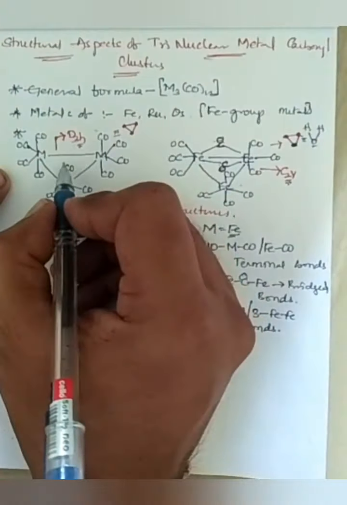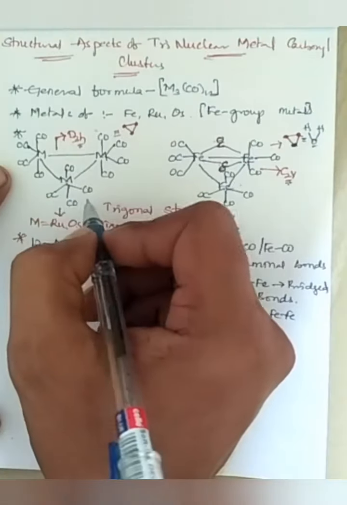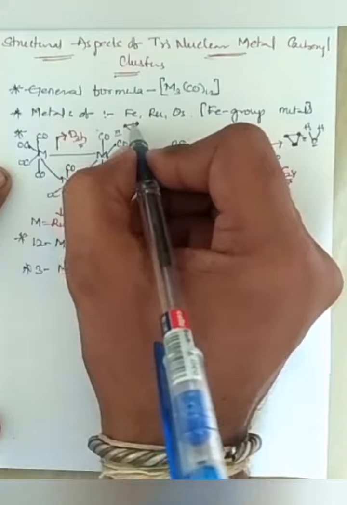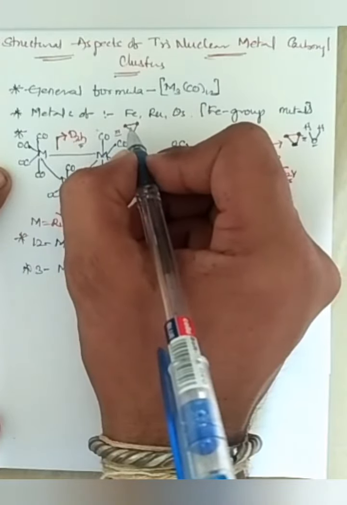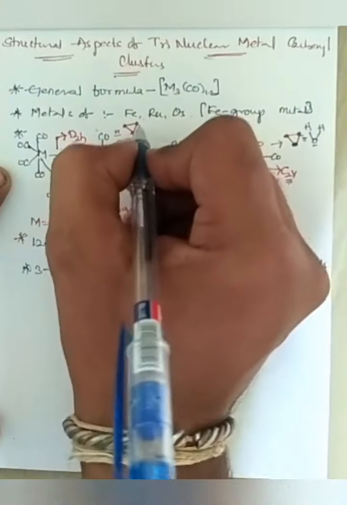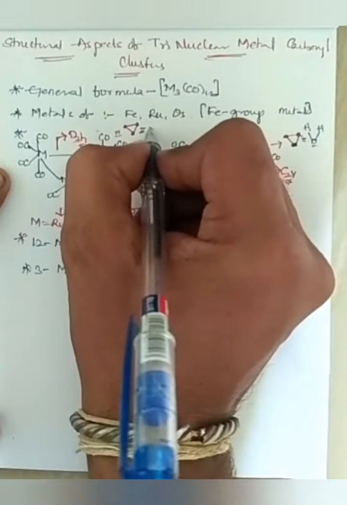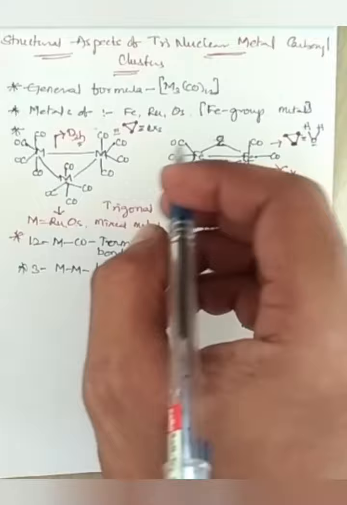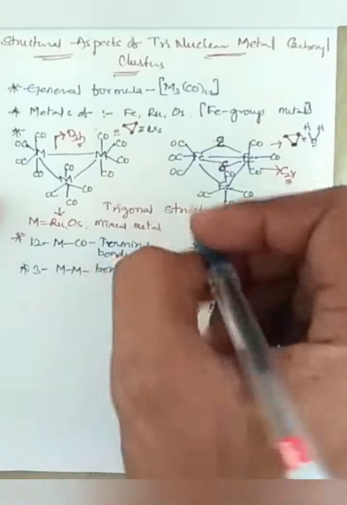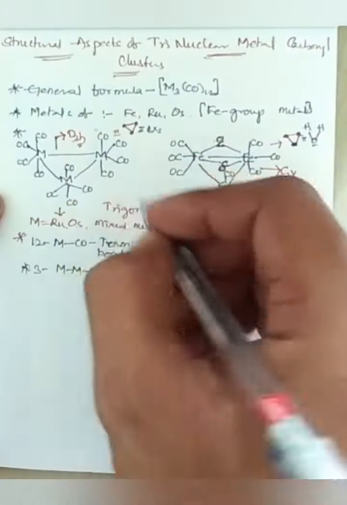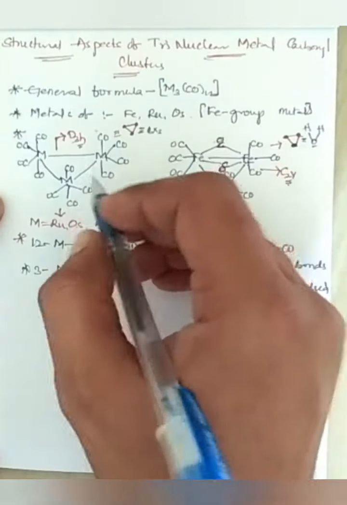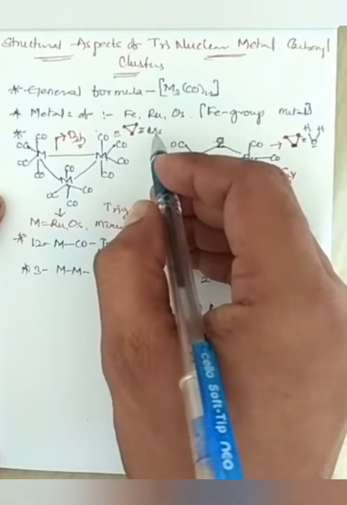When it comes to the ruthenium, osmium or mixed metal trinuclear clusters, it has three uniform corner sides. So this can be compared with the BX3 molecule, which also has a trigonal structure where all the corner sides are the same.